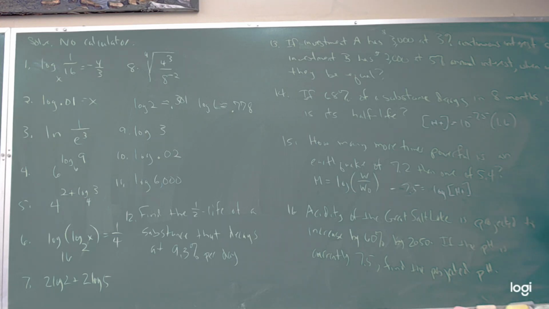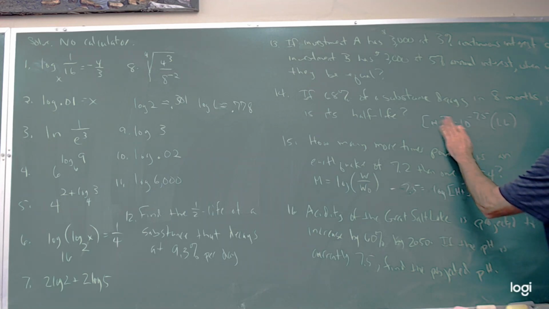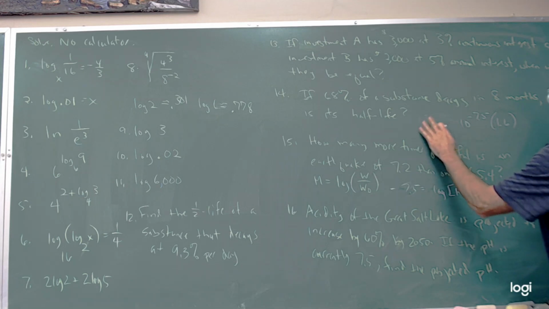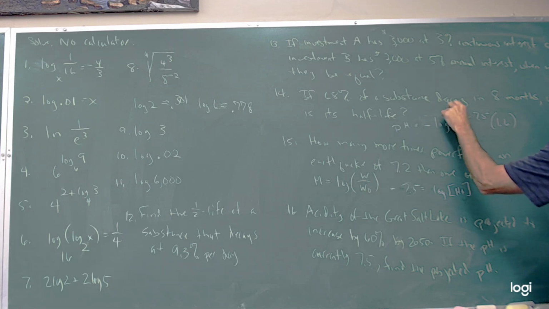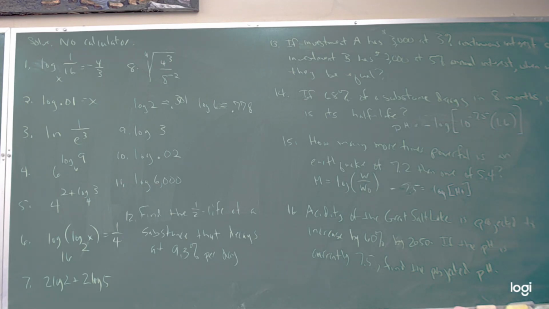And now we want to find the pH of that. So this is our new H plus in 2050. And then to find its pH, we're now going to take the negative. So the new pH is going to be the negative log of this. And when you do that, it's like 7.296.